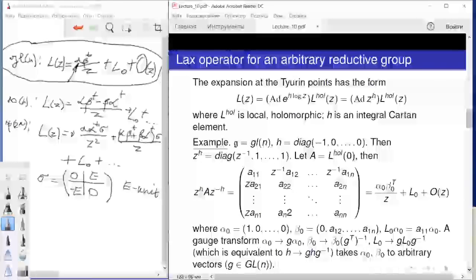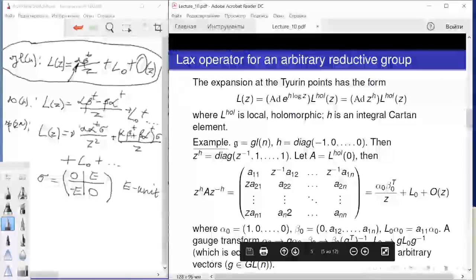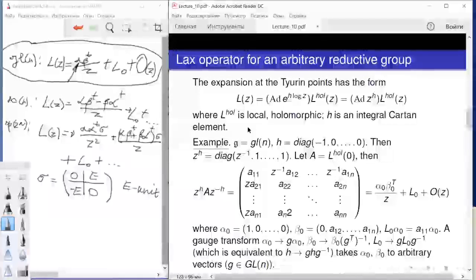So to generalize this picture to an arbitrary reductive Lie algebra, we only replace the requirement with expansions at gamma points.